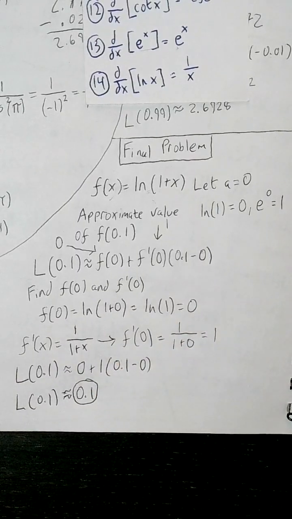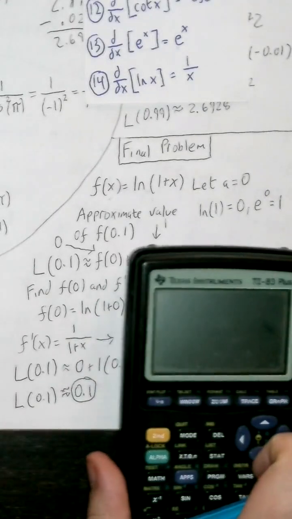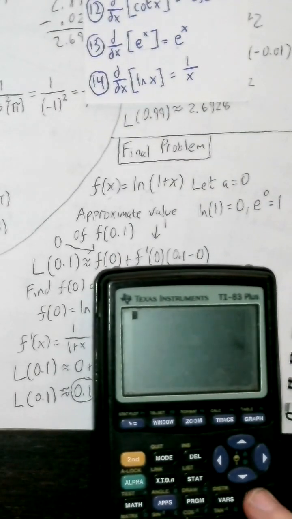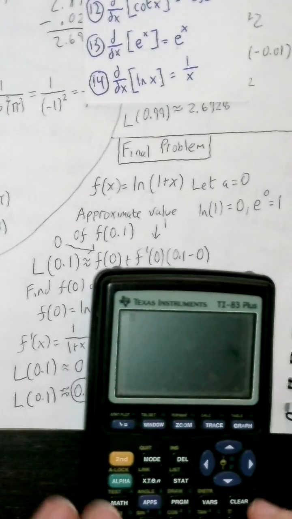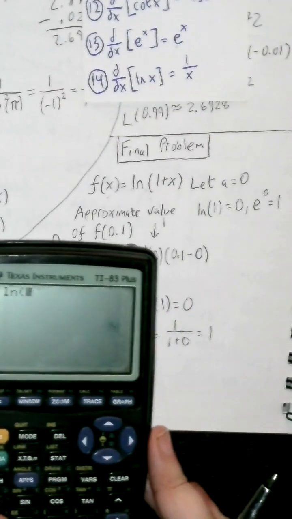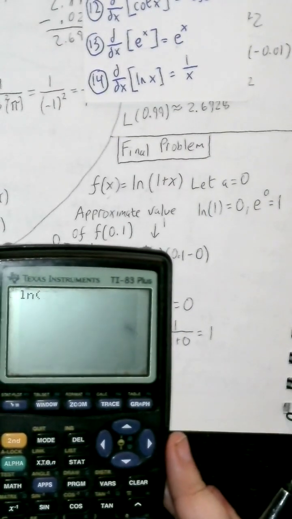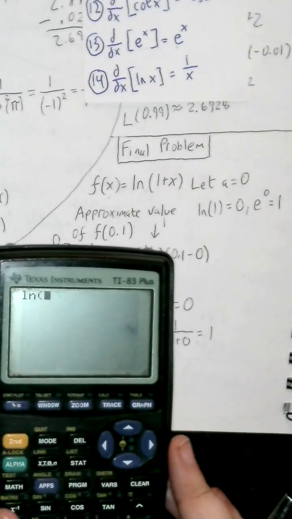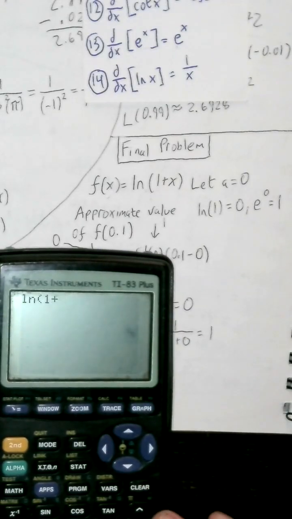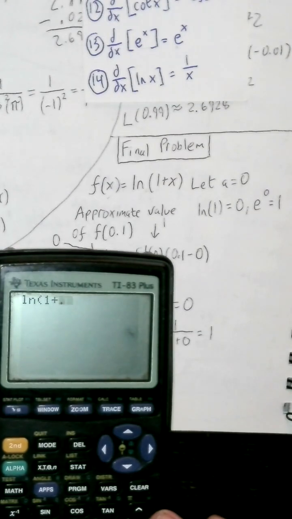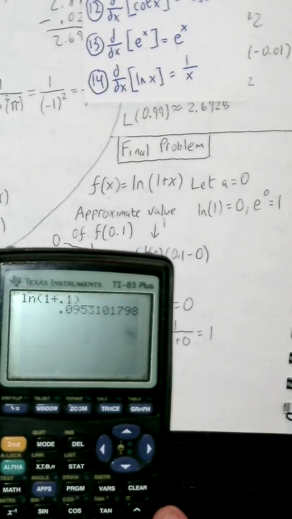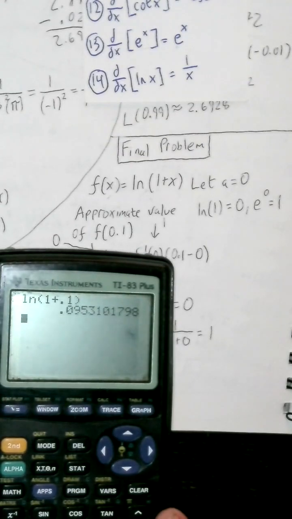And now I'm going to plug it into my calculator and see what the actual value is. So I have natural log of 1 plus, I said 0.1, so 0.1. And I get 0.0953.